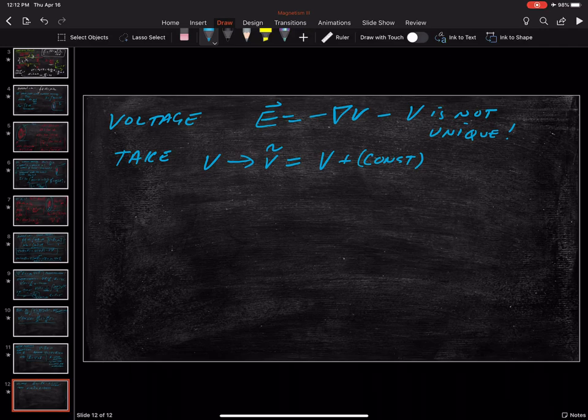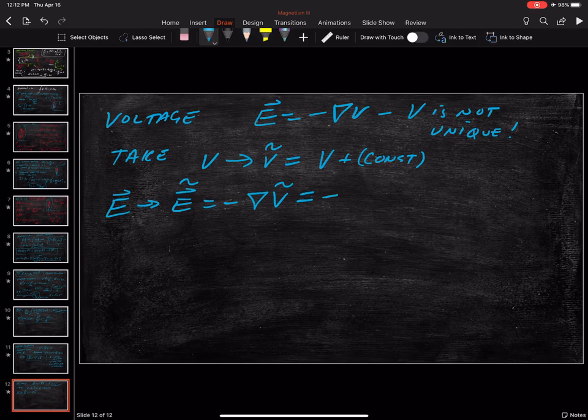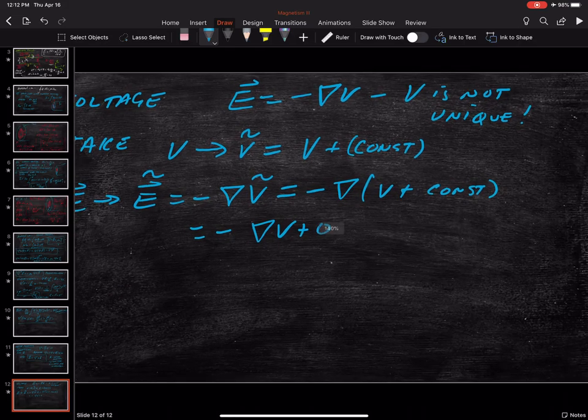In that case, my E goes to E twiddle, which is minus the gradient of V twiddle. So I'm just shifting everything through. And this is minus the gradient of V plus a constant, which is minus the gradient of V plus 0. Well, the derivative of a constant is always 0.